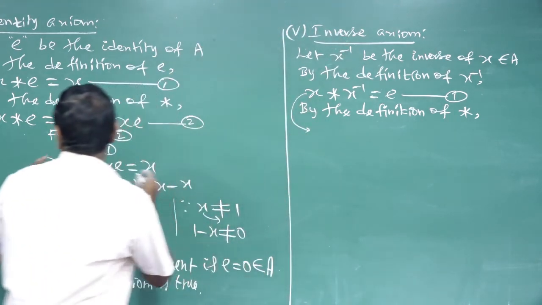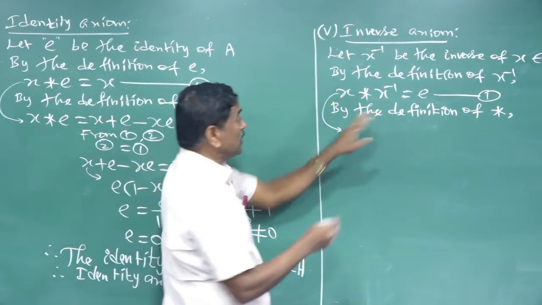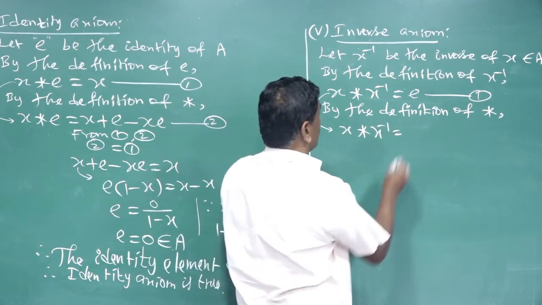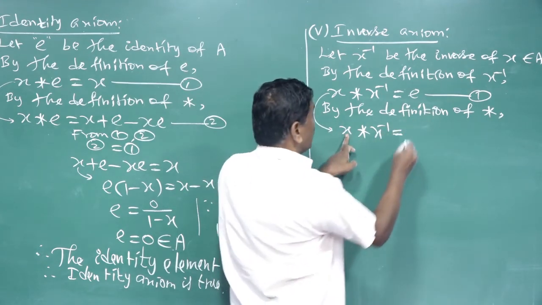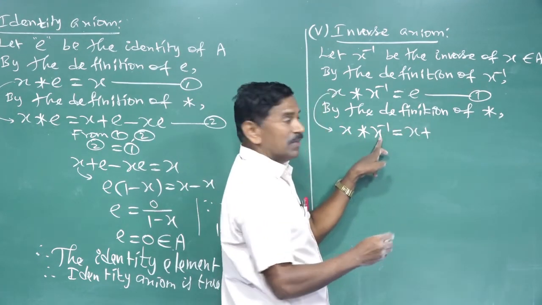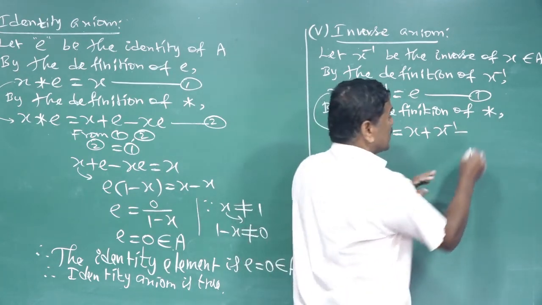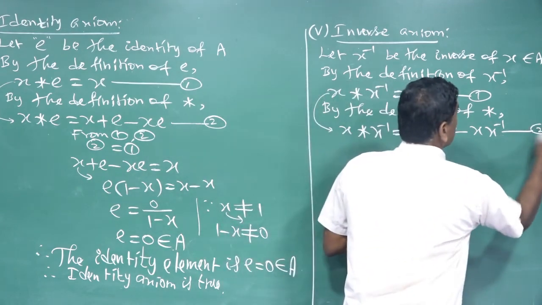Before also, I took the same LHS, and here also the same LHS, that is X star X inverse is equal to. What is the definition of star? Yes, very good. First element plus yourself, second element X inverse minus, yes, X into X inverse. That's all. Let it be the second equation.